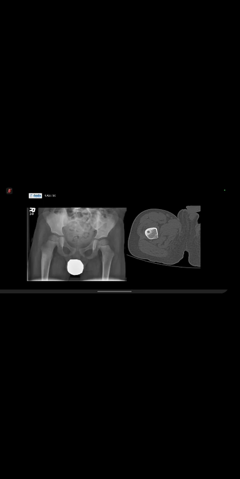You tend to get that really thickened cortex and adjacent sclerosis that we're seeing nicely on the CT and the plain film here. Whereas in that non-ossifying fibroma, the cortex was really thin and really well defined, and you can see how ill-defined the osteoid osteoma looks in comparison. I hope that's helpful.